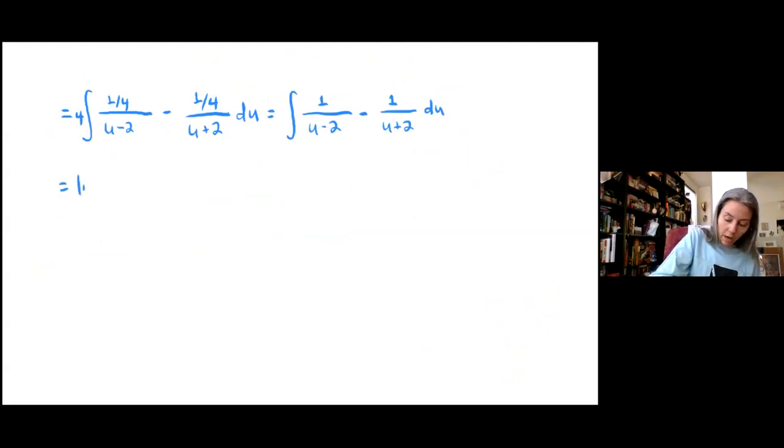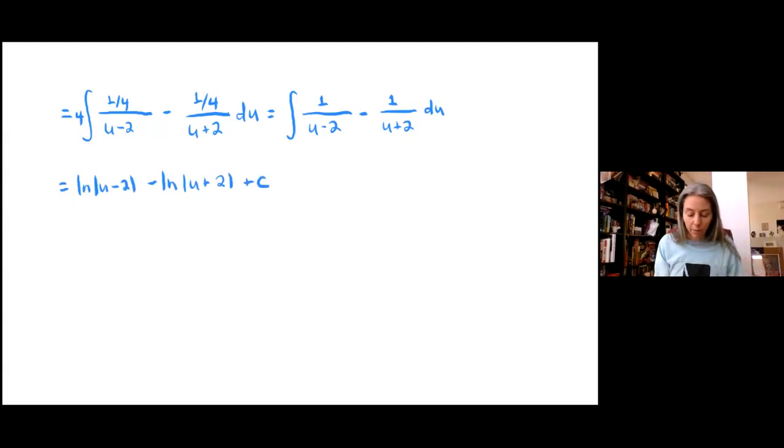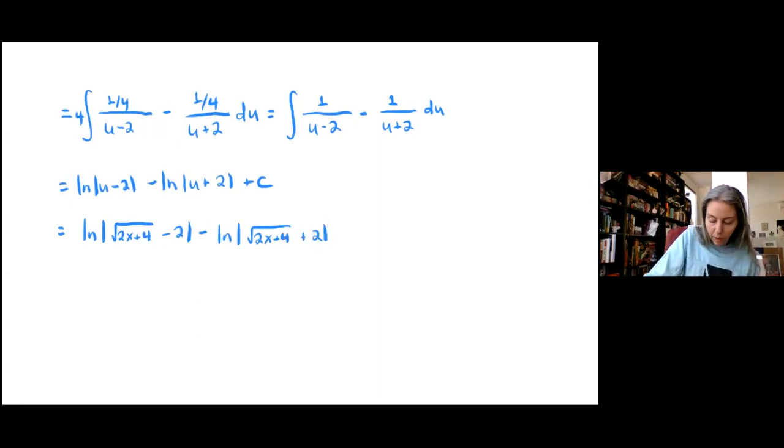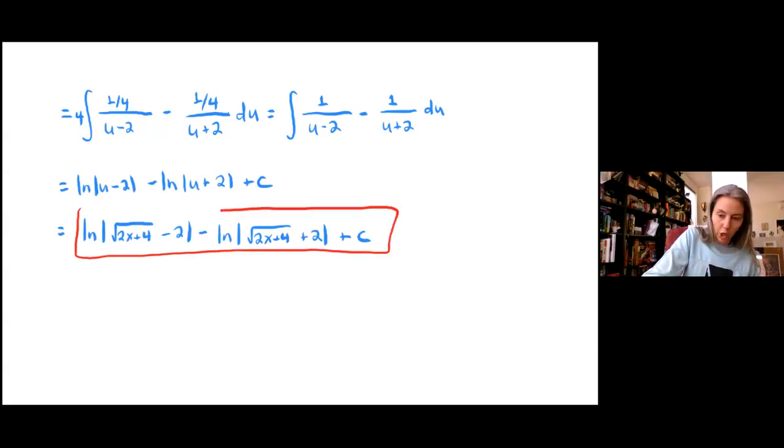This is ln of u minus 2 minus ln of u plus 2 plus a constant. Now remember, u was equal to root 2x plus 4. So this gives me ln of root 2x plus 4 minus 2 minus ln of root 2x plus 4 plus 2 plus a constant, and that's my final answer.